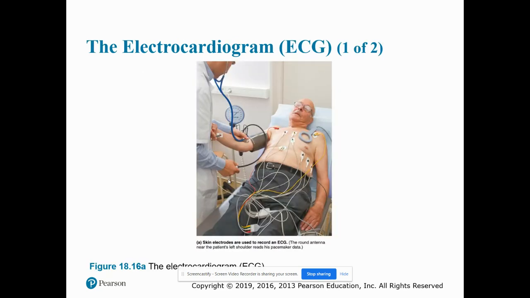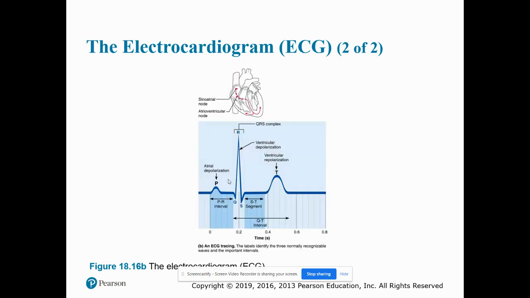This right here is showing somebody who is getting an ECG. And this would be a tracing of an ECG. So first we have the P wave, and the P wave is going to reflect atrial depolarization. Then we have the QRS complex, and again, ventricular depolarization, but in here would be a slight bump.